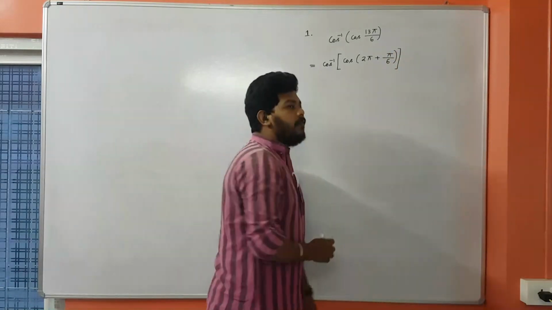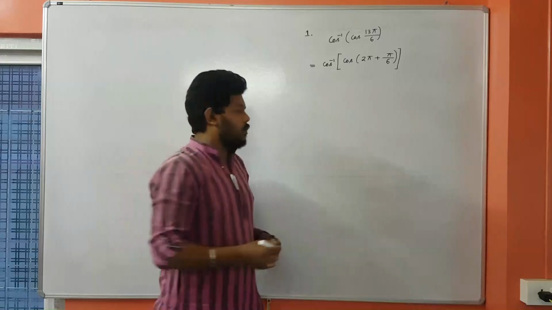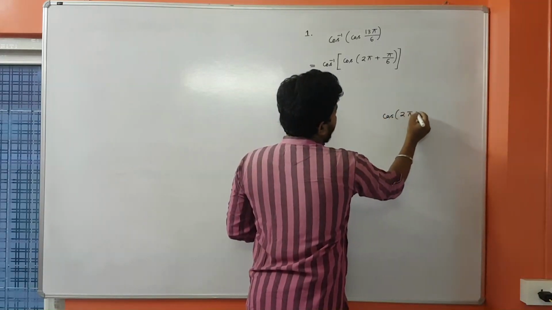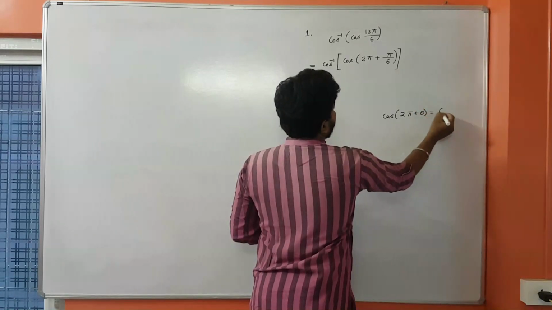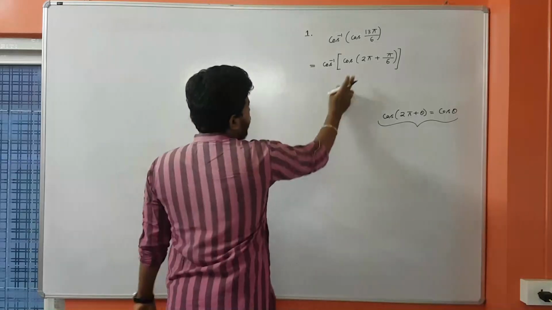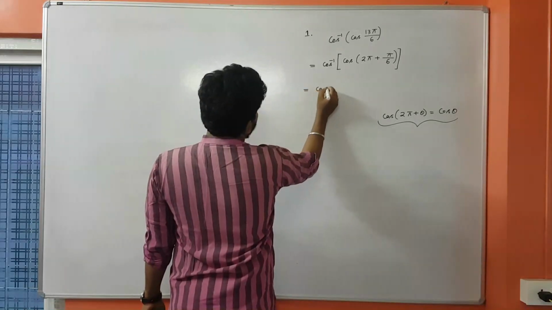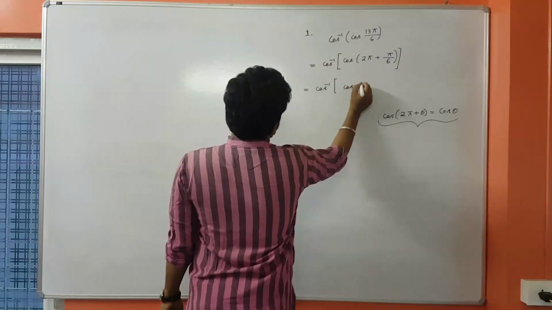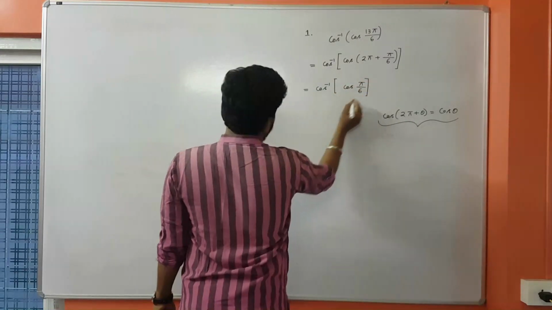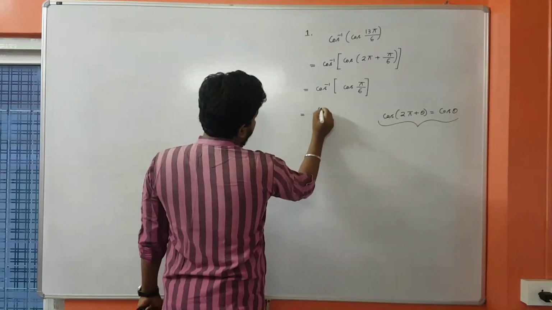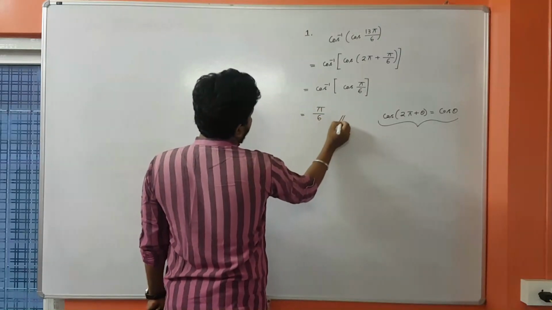We know in first quadrant cos theta is positive. Cos 2 pi plus theta is equal to cos theta. Therefore, you can use this: cos inverse of cos pi by 6. Now, cos inverse and cos get cancelled. Your value will be pi by 6. This is your result.